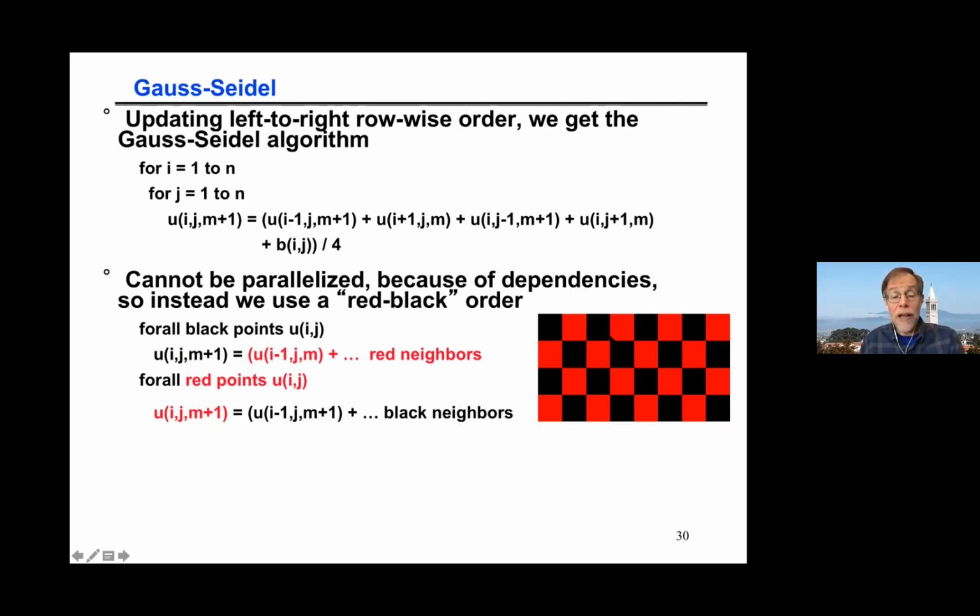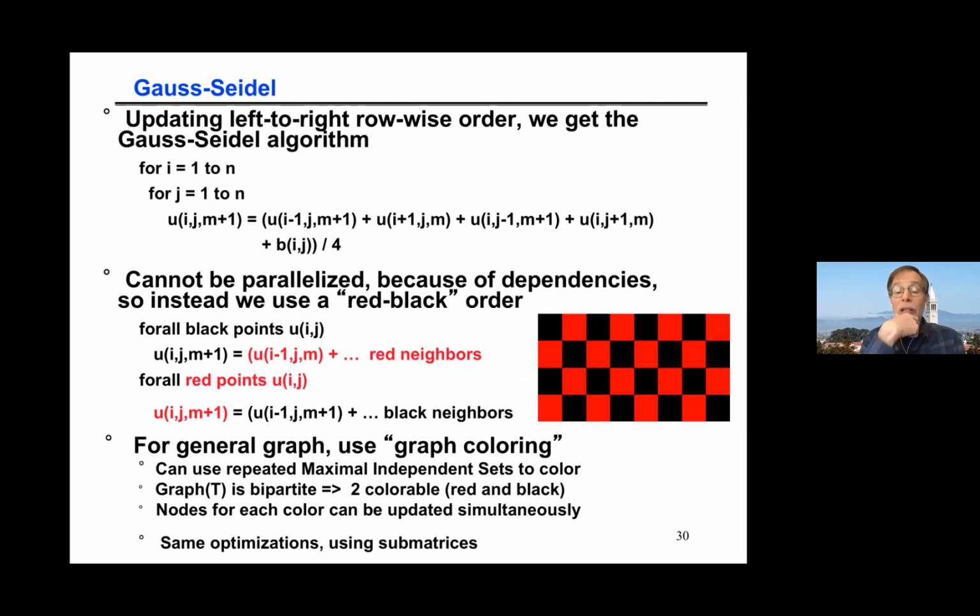Once I've finished updating all the black points, it's time to do the red points. Now I know that all my black neighbors have just been updated, so I can take iteration m plus 1 and use that to update the red points. I will ping pong back and forth between one very large parallel step to update the red, and then one big parallel step to update all the black points.